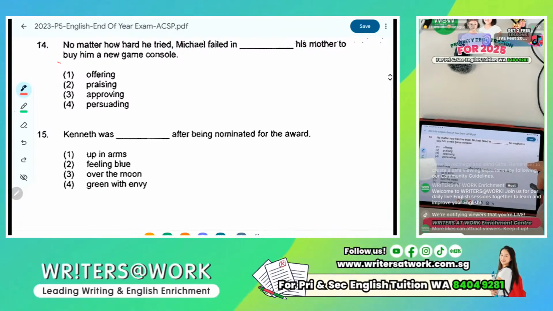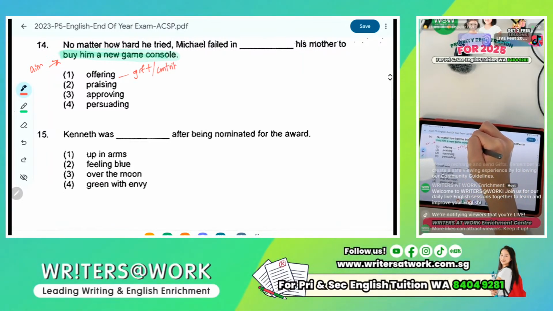All right, let's take a look at question 14 now. No matter how hard he tried, Michael failed in dash his mother to buy him a new gaming console. So you can see over here that Michael had some objective. So he is trying to ask his mom to do this. So this is the aim. Looking at our options, we have offering. Offering means that you want to provide a gift or a contribution to something or somebody.